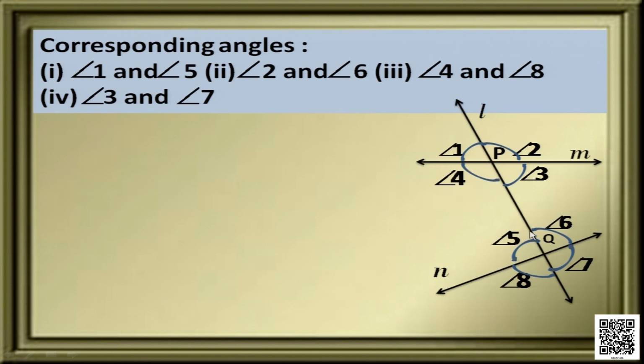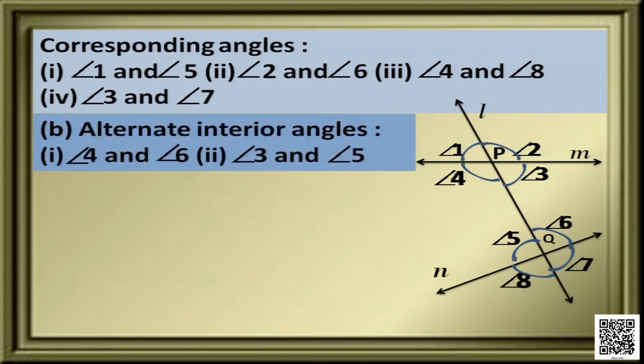Similarly, angle 2 and angle 6 are formed in this way, and in the opposite direction angle 4 and angle 8 are formed, and angle 3 and angle 7 are formed. So we can pair them as corresponding angles: 1 and 5, 2 and 6, 4 and 8, 3 and 7 are corresponding angles.